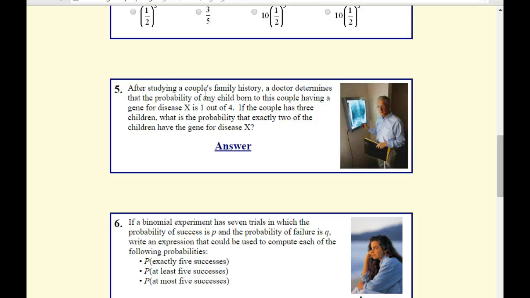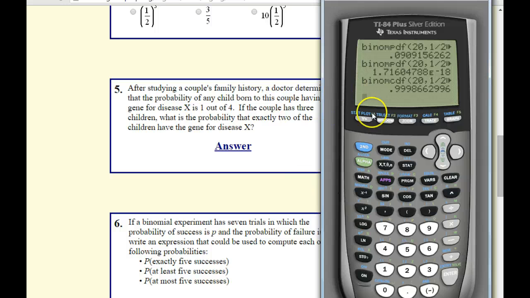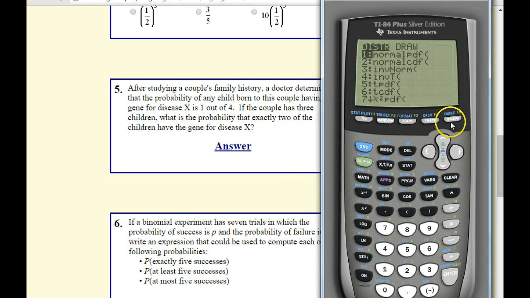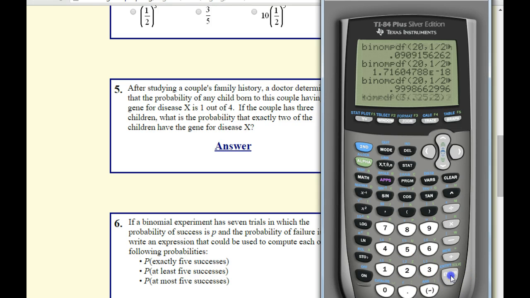If the couple has 3 children, what is the probability that exactly 2 of them will have this? 2 out of 3 children. If it's exactly 2, it would be what? PDF. So 3 children. 2. 3 children, yep, 1 out of 4. And exactly 2 of them have this would be? Okay. 14% chance that 2 of their kids would get it.